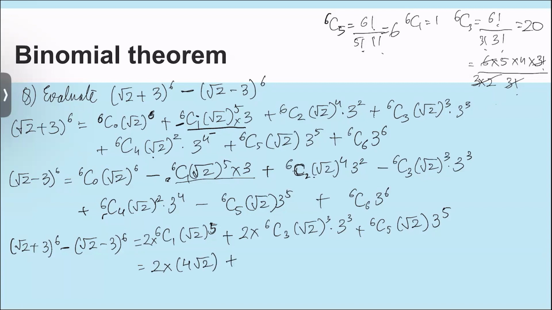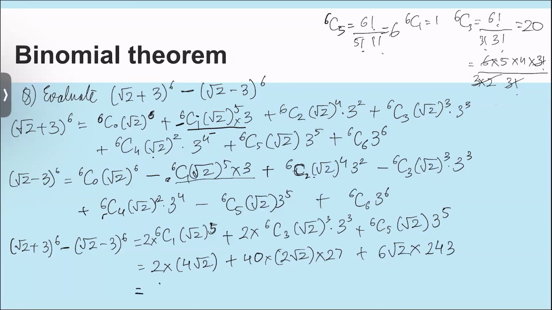So then this is 2 into 6C3, which is 20, so you can just write this as 40, and √2 cubed would be 2√2, multiplied by 27 over here, 3 cubed. And 6C5 is 6, so you have 6√2 multiplied by 3 raised to 5, which is 243. Okay, so this is what we get.